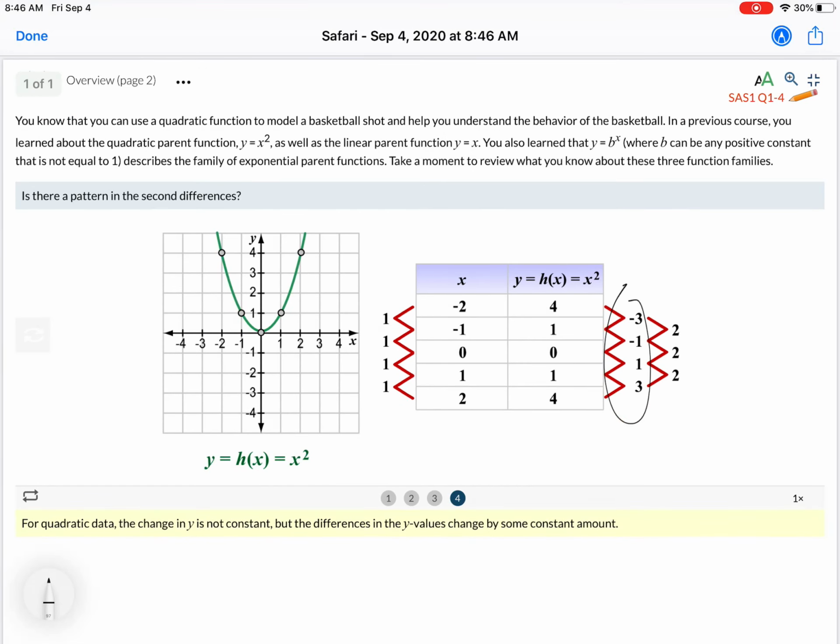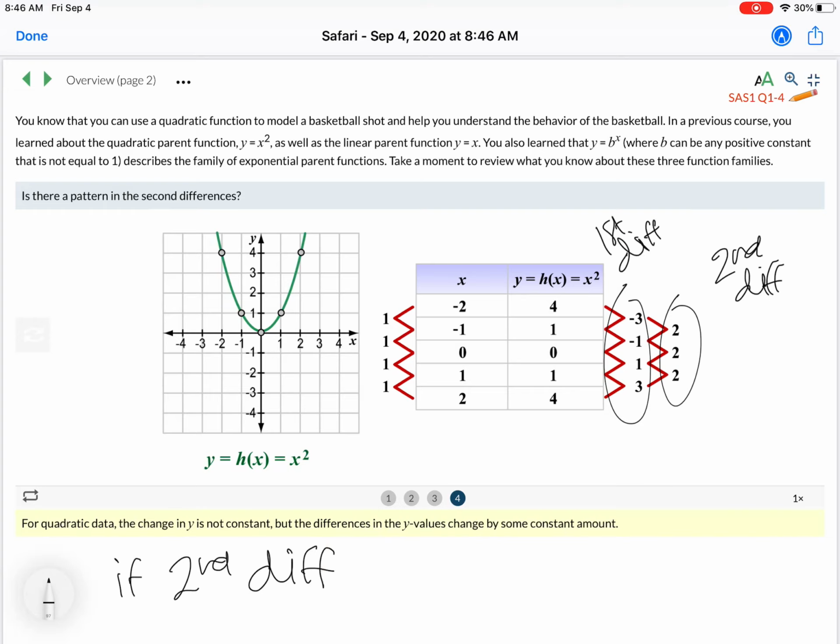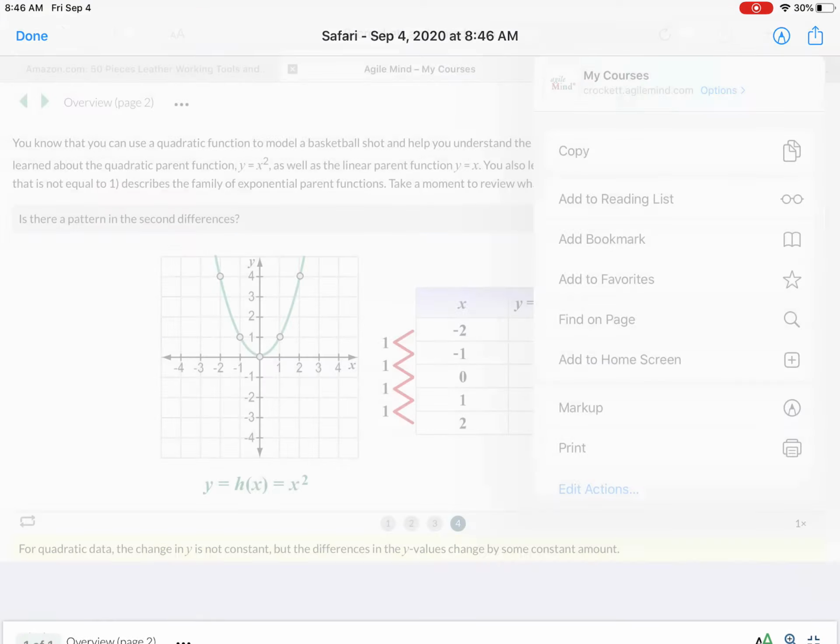So what you need to know is the first set of numbers is the first difference. Okay? Second set is the second difference. So if the second difference in y is constant, then that's a quadratic function, okay?